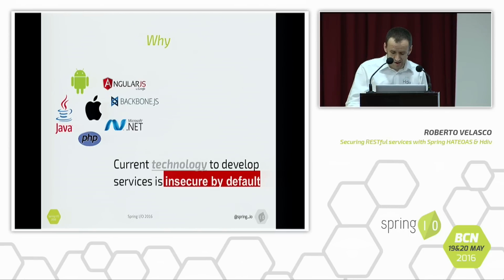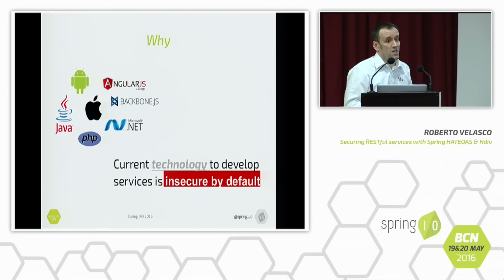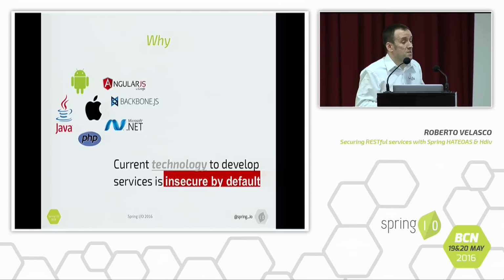Okay, let's talk about the reasons. First of all, I personally consider that the most important reason is that the technology that we are using to develop the applications, or in this case APIs, doesn't protect the application by default. In practice, all the security depends on people, because they don't implement many of the security features that we require.